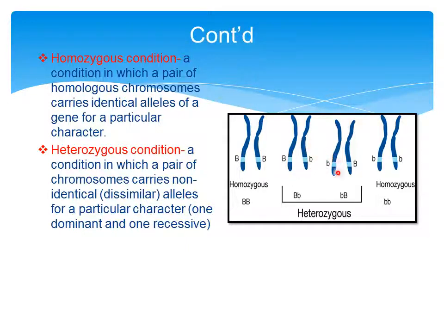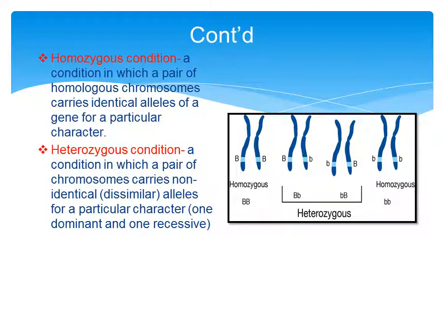Here also one is recessive and the other is dominant. So this is the heterozygous condition, in which the chromosomes carry non-identical alleles, and here they are carrying identical alleles. So this is the homozygous condition of a chromosome, and this is the heterozygous condition.